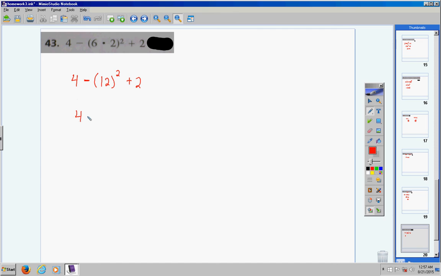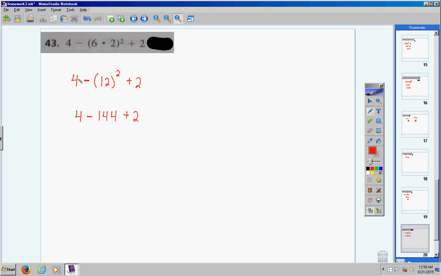Bring down your negative sign. Now, 12 times 12 is 144. Alright? And then positive 2. Now, the reason this is a negative 144 is because you first of all square the 12, you get 144, but there's a negative on the outside, so it makes the 144 become negative.